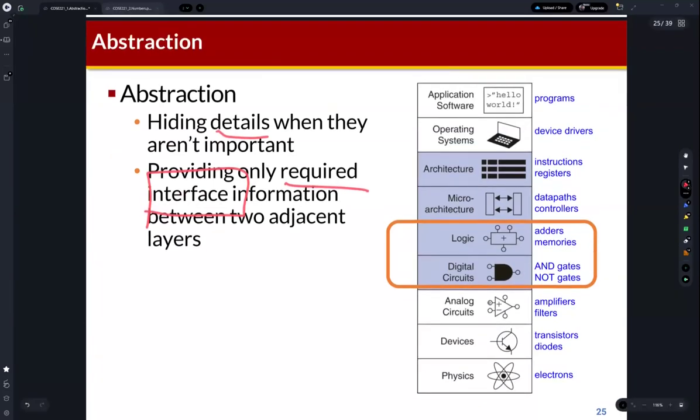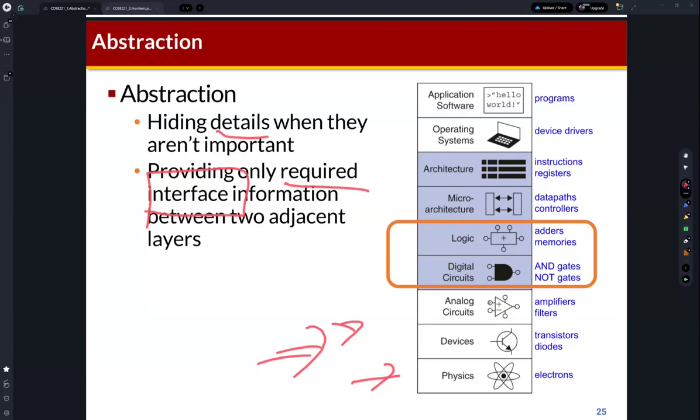So why did I explain abstraction? It is because we can also apply the same approach to understand a complex system like a computer system. Okay, so as you can see, this figure shows the layers inside of a computer system. In order to understand the computer system, we can start from the basic knowledge of physics.